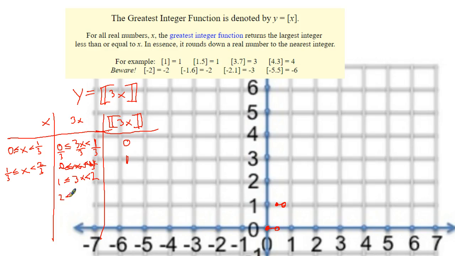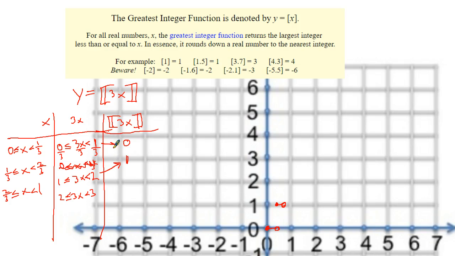What if we go between 2 and 3? Then we divide both sides by 3, so we get between 2/3 and 3 divided by 3 is 1. And again, because we're going between 2 and 3, this by the way matches up with this.